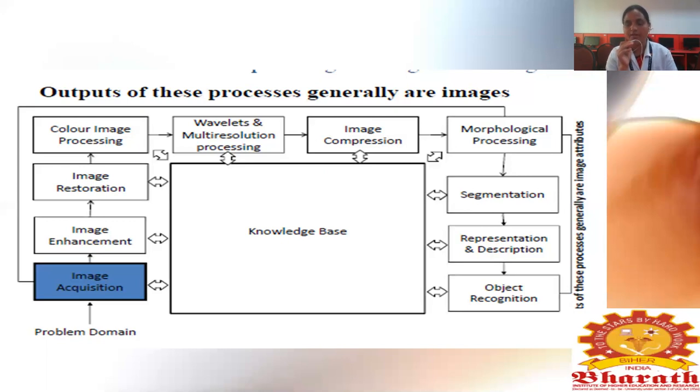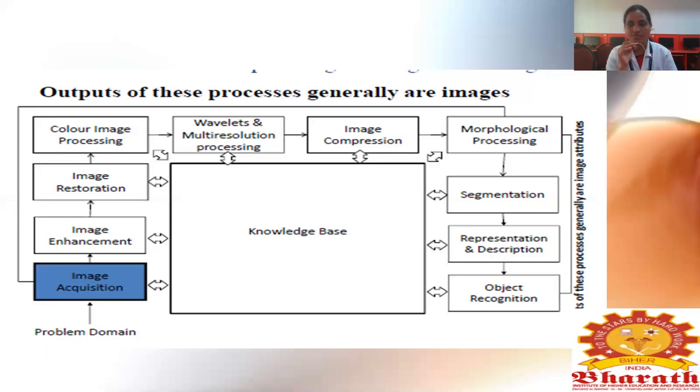And the last one is object recognition. So after the picture has gone through all these steps, you will go for object recognition. In object recognition, you can get your output as an image, and that image will be very suitable for all other applications.